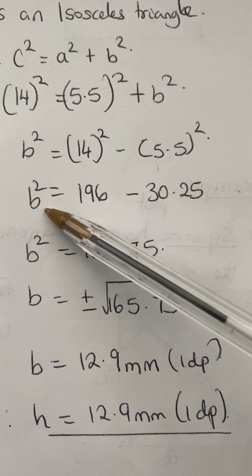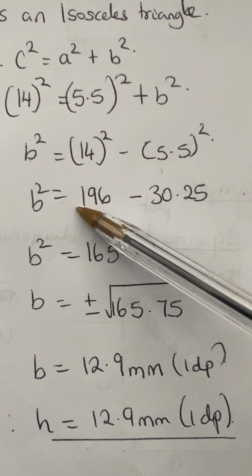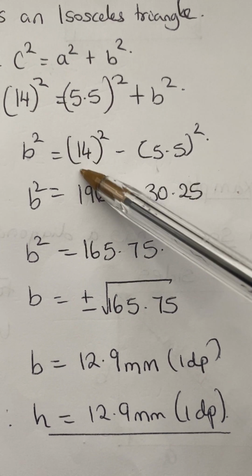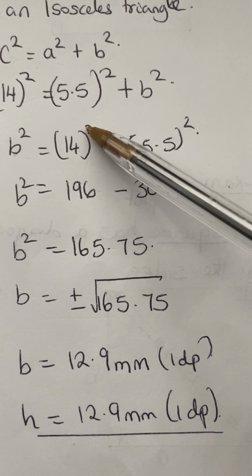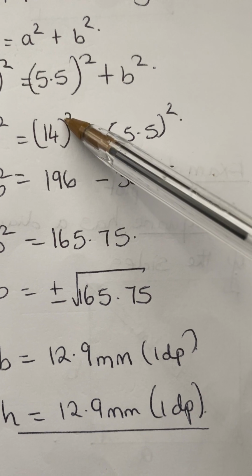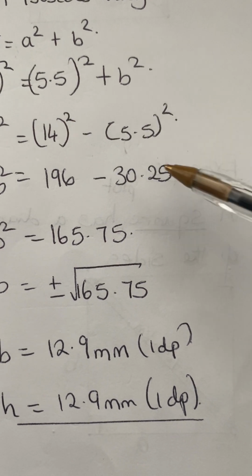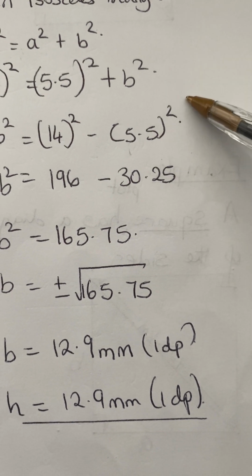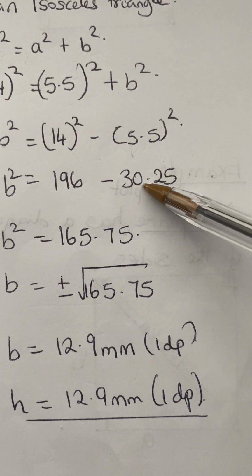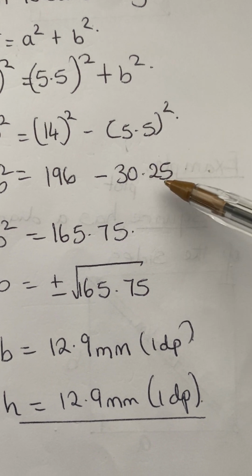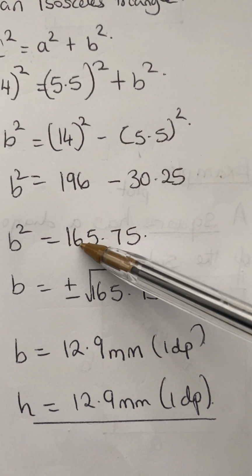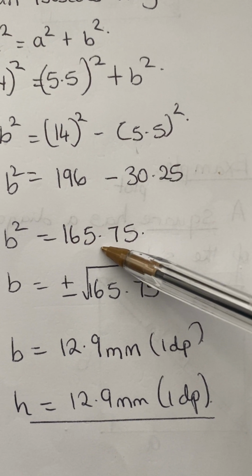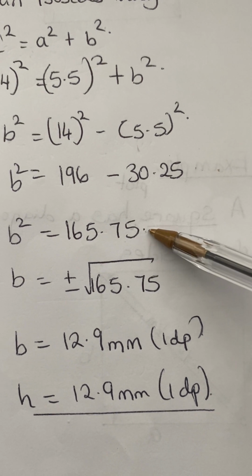So b squared now will be equal to 14 squared, which is 196 if you do it correctly on the calculator, minus 5.5 all squared, which is 30.25. Then we subtract, which will give us 165.75.